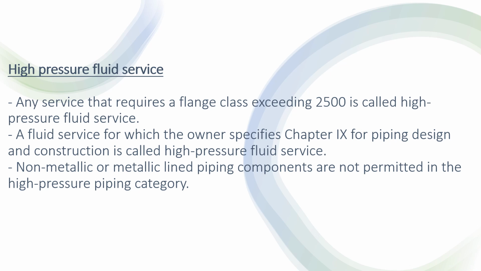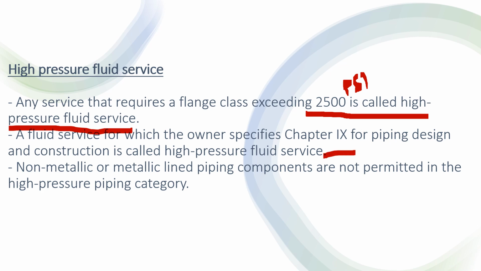Then we come to high pressure fluid service. Any service that requires a flange class exceeding 2500 psi is called high pressure fluid service. If it crosses more than 2500 psi, then it is called high pressure fluid service. A fluid service for which the owner specifies chapter 9 for piping design and construction is called high pressure fluid service.